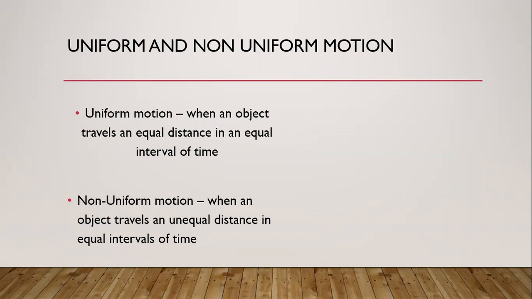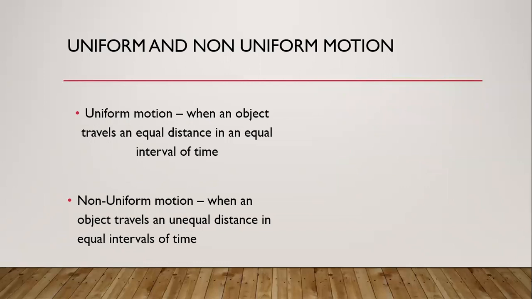Like from point A to point B, the object moves 10 meters in 1 second, then point B to point C again 10 meters in 1 second. This shows that it has covered 20 meters in 2 seconds. Since both the time and distance traveled are equal, it is in uniform motion.